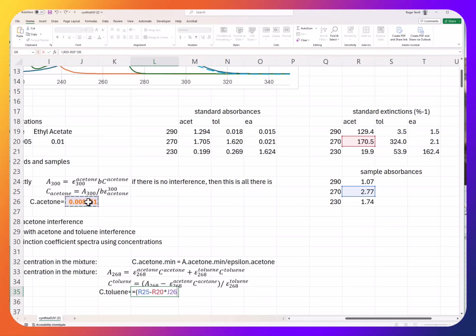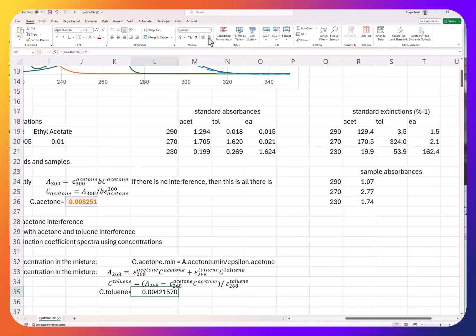Okay, so that's going to be the correction to the absorbance. Let's just make sure that's positive. Okay, that's good. That's positive. Then we're going to take that and divide that by epsilon for toluene there, and that should give us the concentration of toluene.